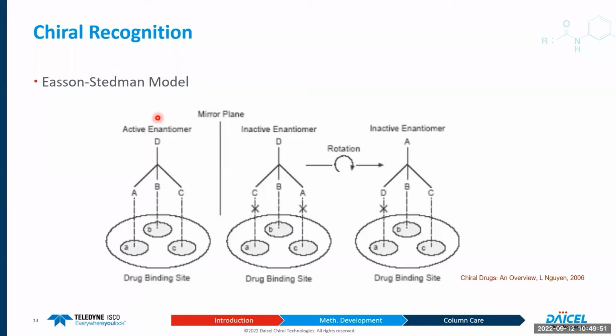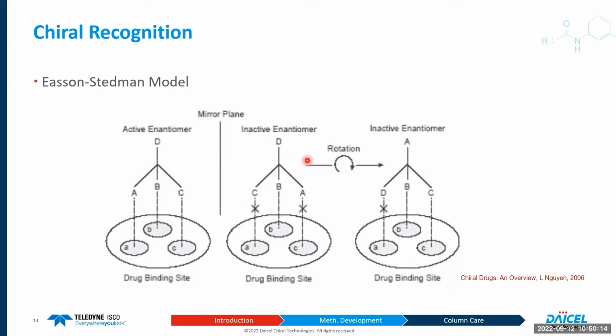Your active enantiomer in this case is the enantiomer that's more strongly retained. The inactive enantiomer is the one that's going to be eluted first. So the active enantiomer also has functional groups that can line up and form some sort of intermolecular interaction with the chiral selector site. And that energy difference then results in a chiral separation.